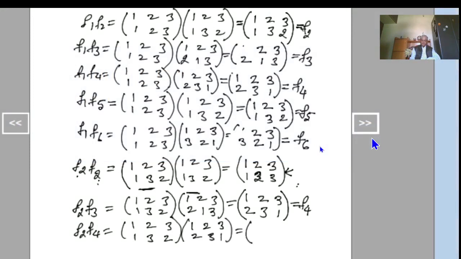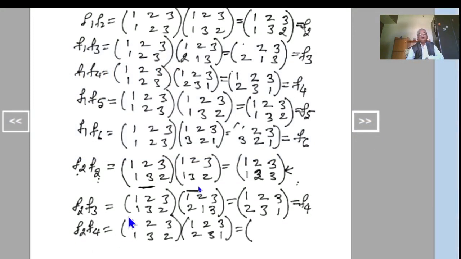This is equal to: 1 goes to 1, 1 goes to 2, finally 1 goes to 2. 2 to 3, 3 to 1, so 2 goes to 1. 3 to 2, 2 to 1... 3 to 2, 2 to 3, so 3 goes to 3.